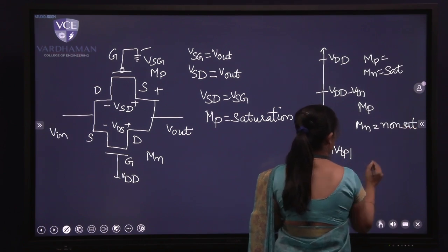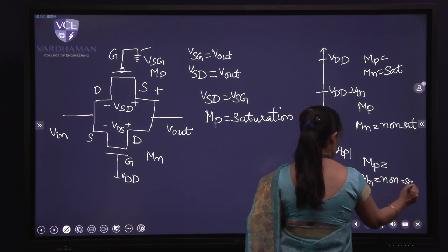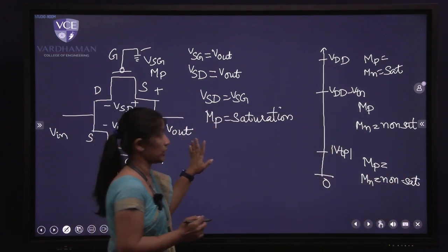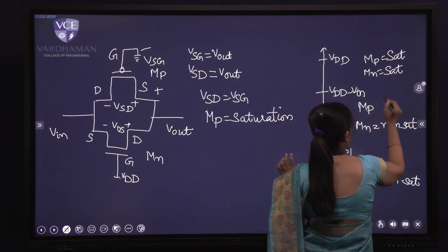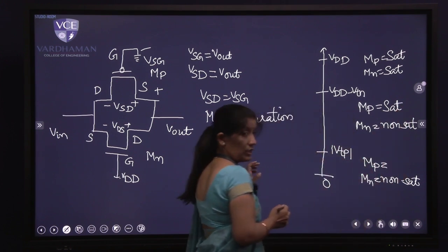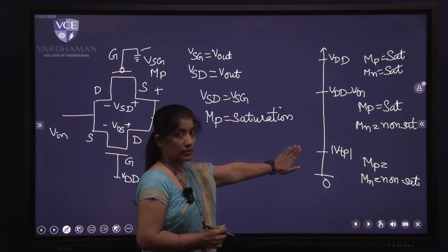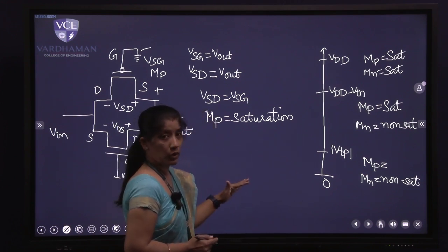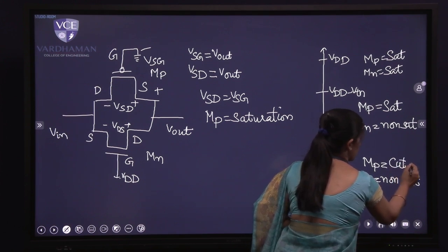So I'm just writing it here. Now let us write down for the PMOS. So for PMOS, I got to know that from the analysis it is in saturation. So I'll write down here PMOS is in saturation, till which point? Till it is greater than the threshold voltage. If it goes below the threshold voltage while decreasing the output voltage, obviously it will enter into the cutoff state.